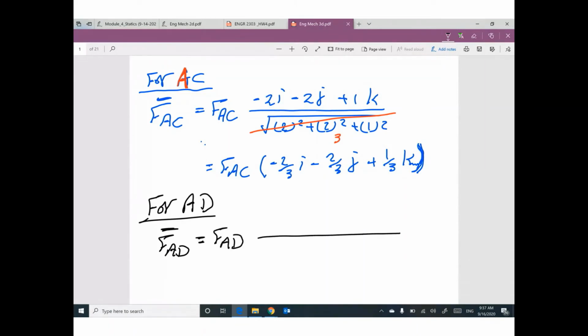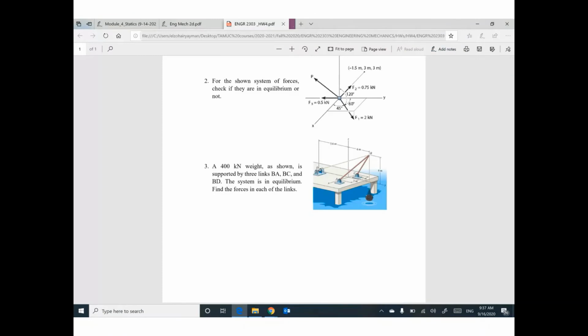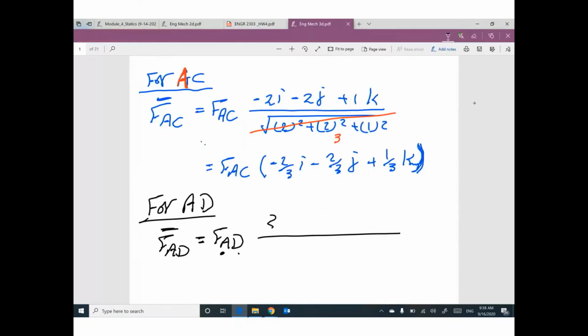AD, so point D minus point A: 3 minus 0, 0 minus 0, 0 minus 0, will be 3i, 0j, 0k, divided by the square root of 3 squared plus 0 squared plus 0 squared.